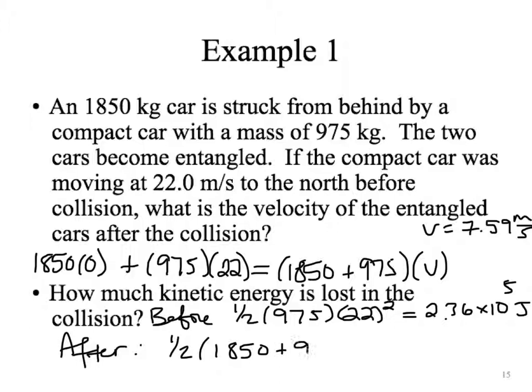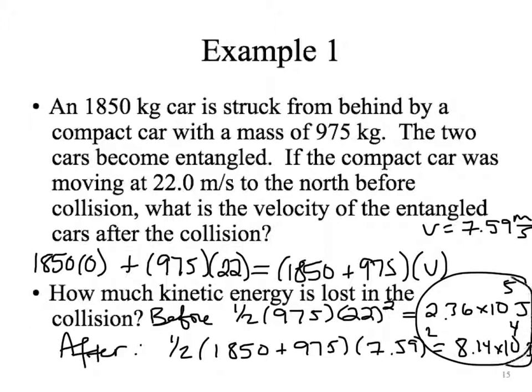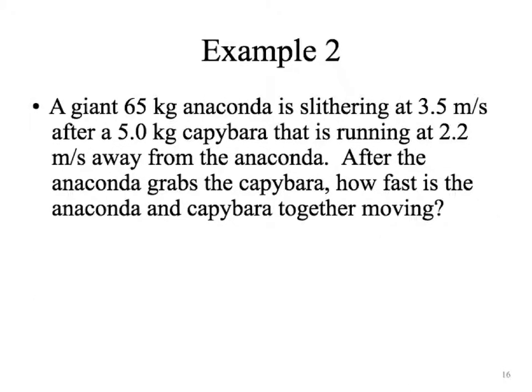They're more massive, so that's the mass together, but now they're going at 7.59. So when I do that, I find that we really only have 8.14 times 10 to the 4th joules of energy. So when I subtract these two, I should get 1.5 times 10 to the 5th joules of energy that is lost.